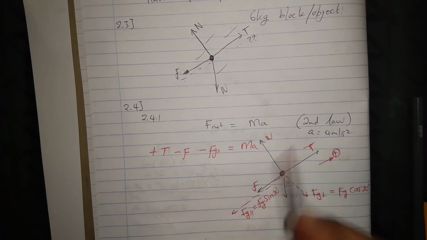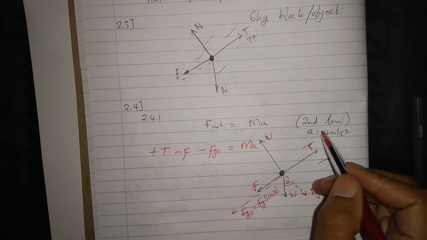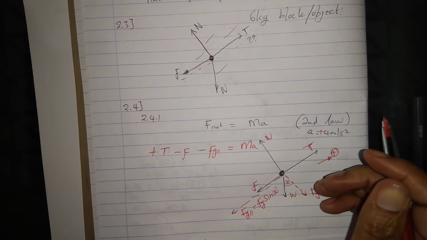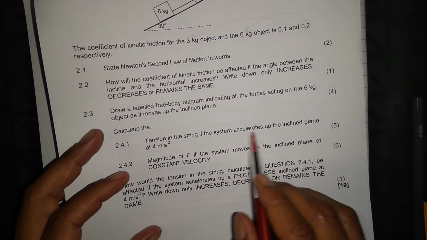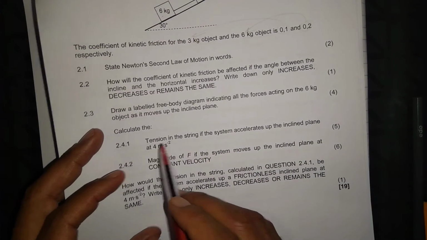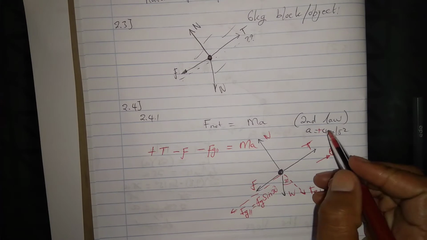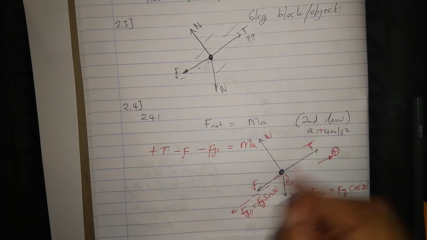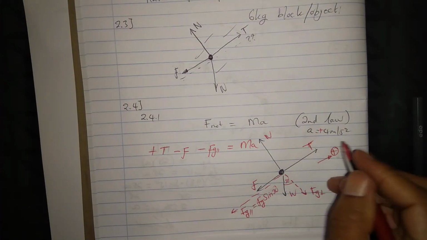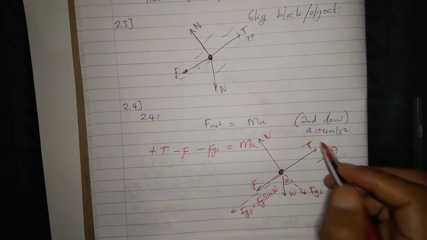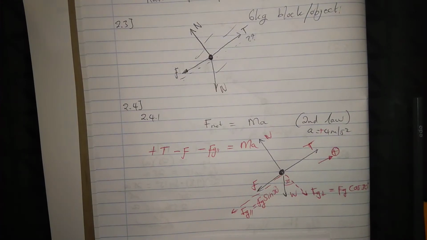It's accelerating up the incline, so the acceleration is positive 4. Why do I need a direction for acceleration? Acceleration is a vector quantity.